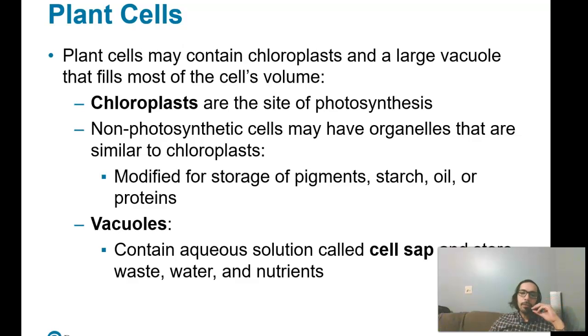They also have vacuoles, which contain an aqueous solution called cell sap, and these are used to store waste, water, and nutrients. So those would be similar to the lysosomes.